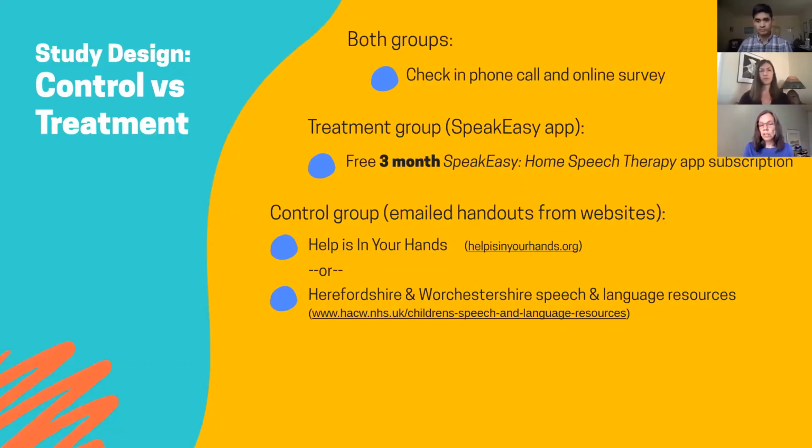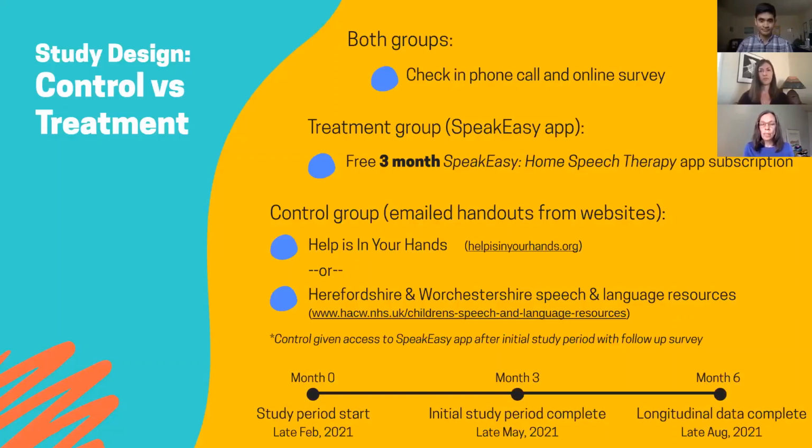We wanted to be consistent about the websites that we were using, and that's why we chose those two. Each group was given the phone call and a developmental check-in, and they completed the online survey at the beginning and after 3 months. The control group were then offered another 3 months using the app, and at the end of their 3 months were asked to complete the survey again. So in a way, there was one group that was enabled to be a longitudinal study.